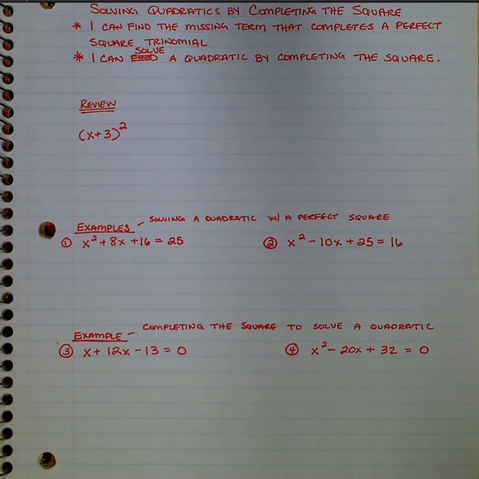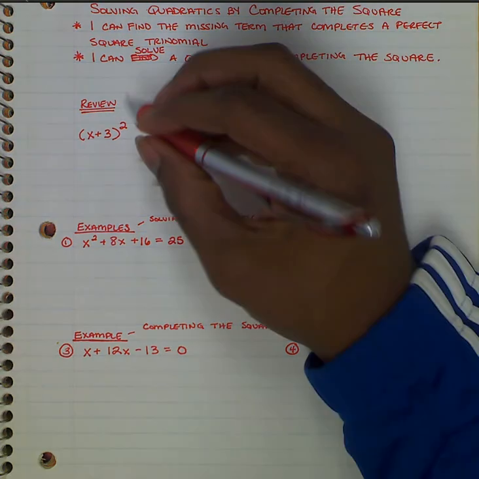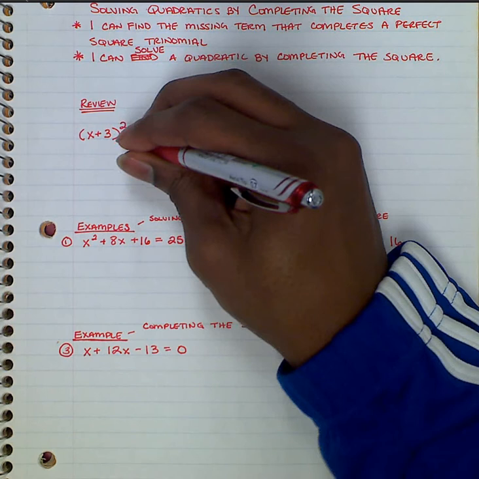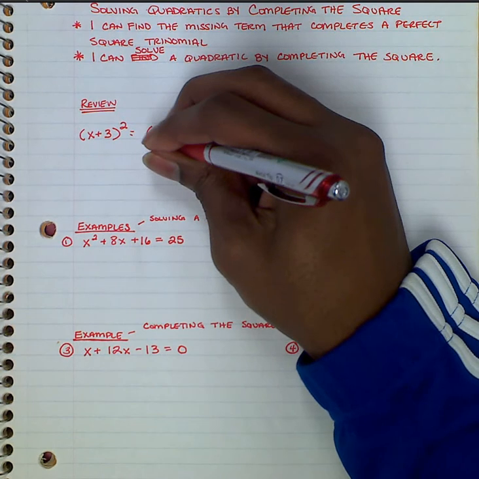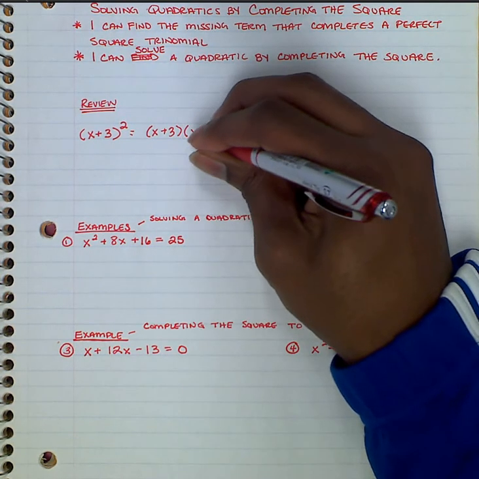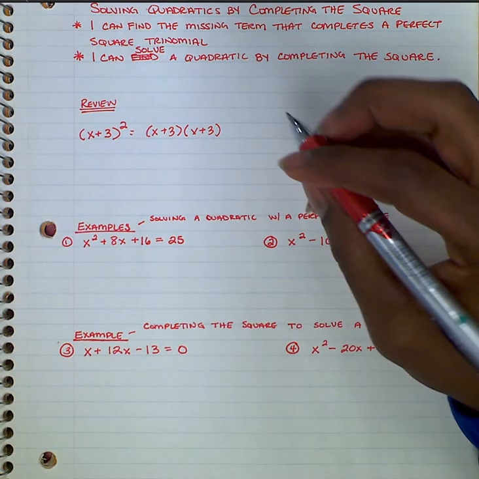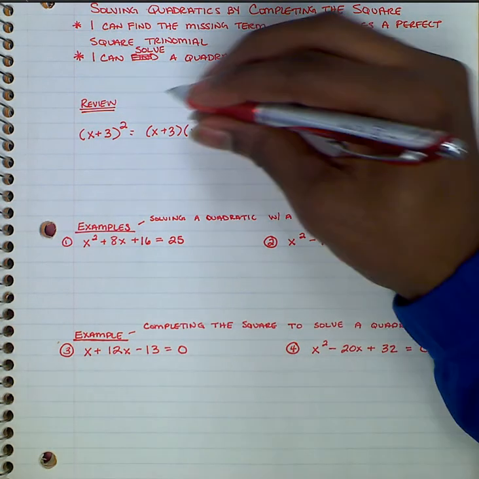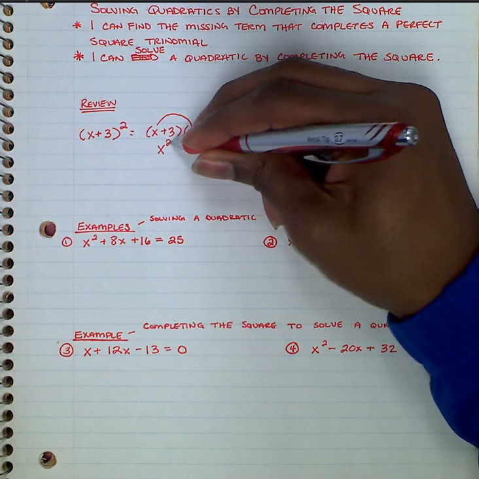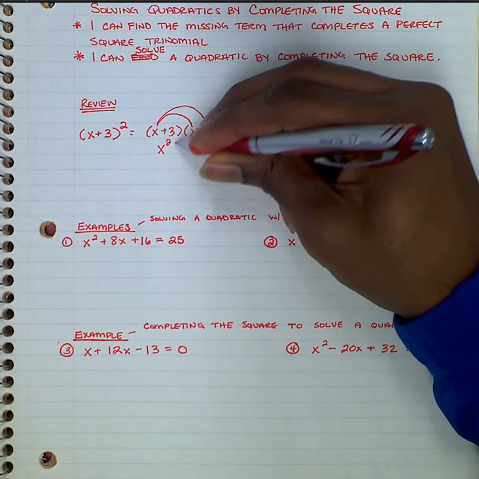Just to review something important, we have (x + 3) squared. Remember that we can simplify this. I always like to rewrite it as (x + 3) times (x + 3). You could do the box method like we've done in class, or you could FOIL. x times x is x squared, x times 3 is 3x.